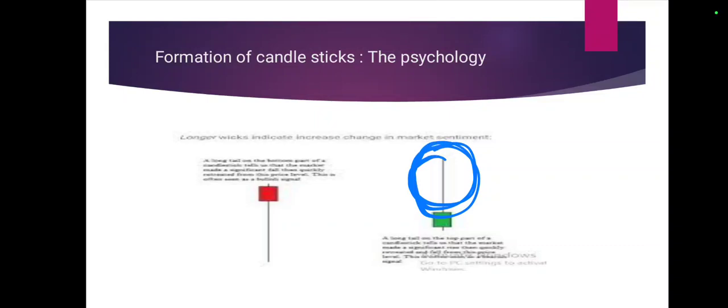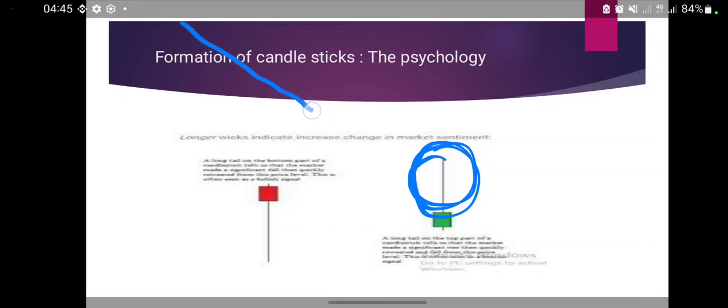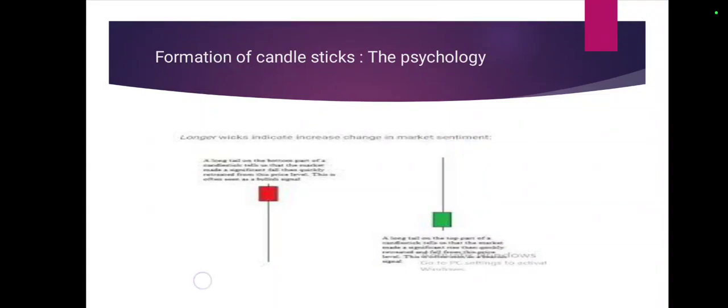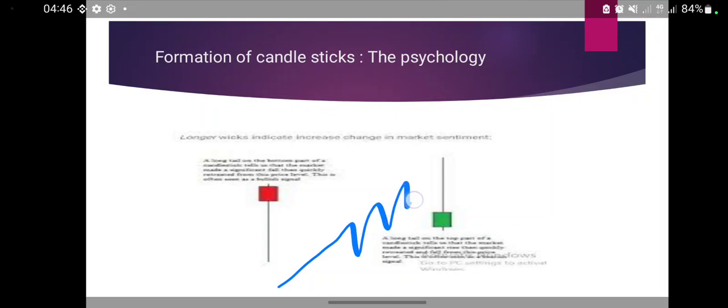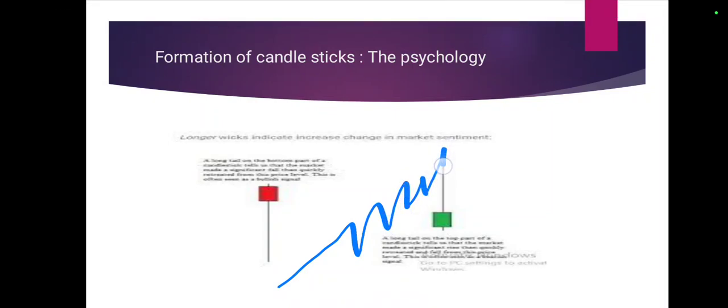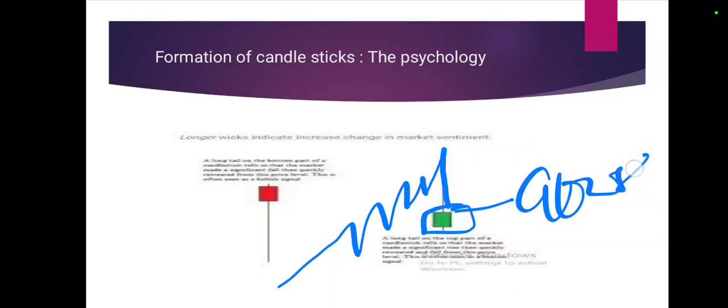There are a lot of sellers within this period. Most of the time, prices will be coming from here, going up, going up. When they reach this position, sellers step into the market and sell, making the market come back and close here. That's the psychology of the formation of this particular candle. We call it the hammer candle.